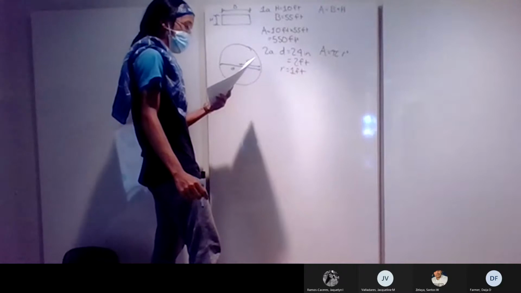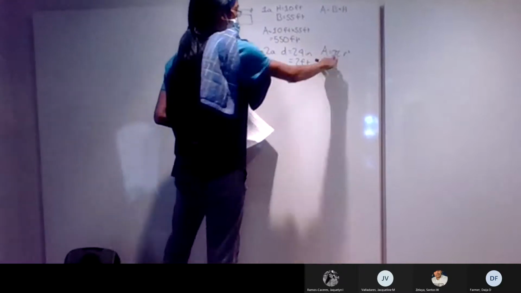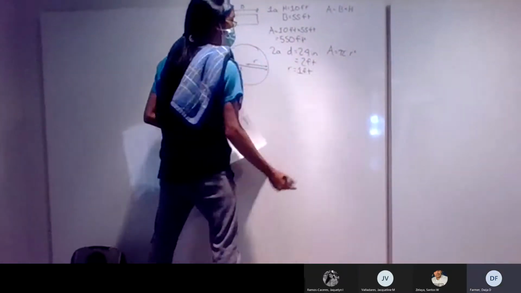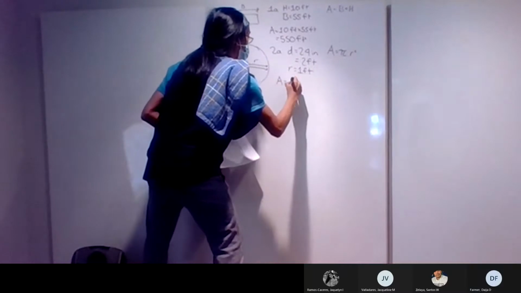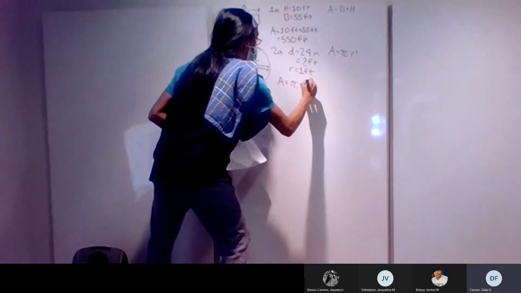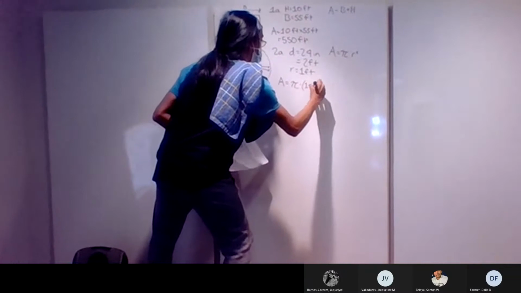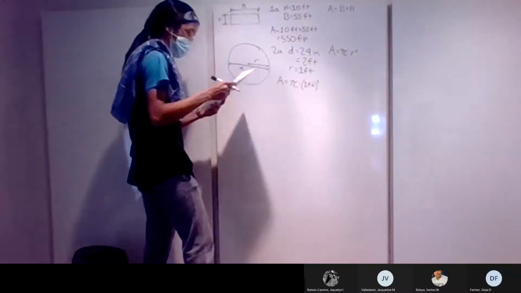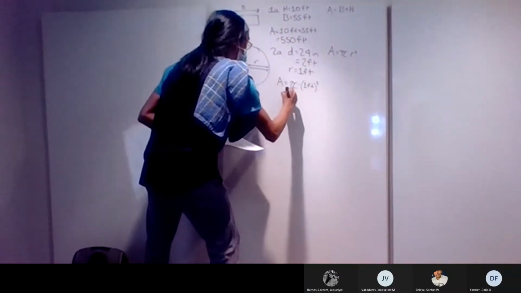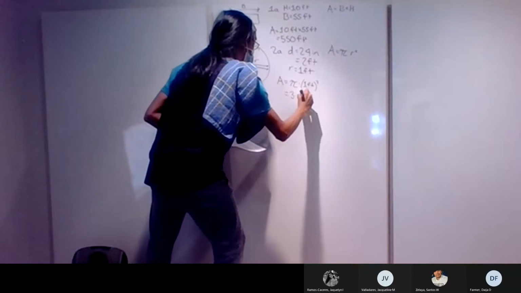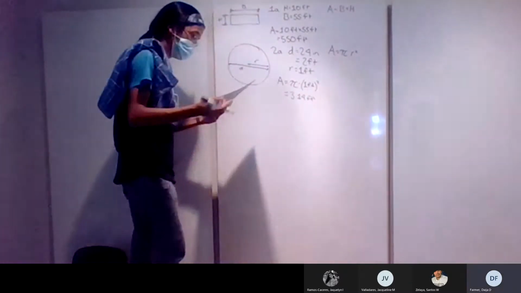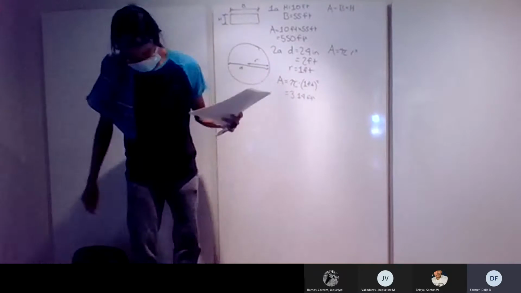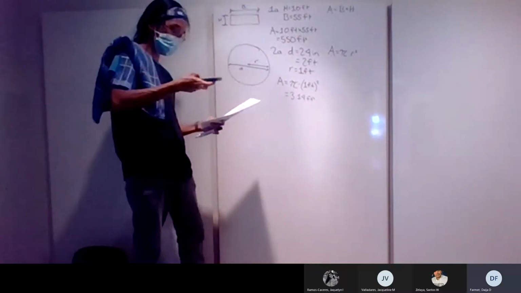So we just plug R into there. Area equals pi times 1 foot squared, and that would just be 3.14 square feet. I also did it in inches.